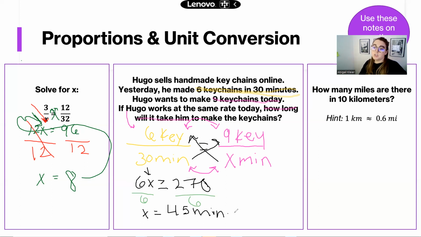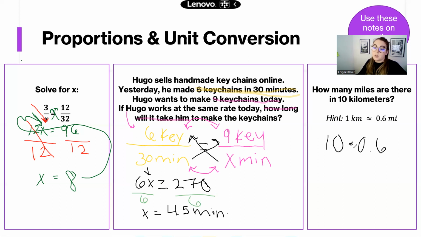Last one is unit conversion. Again, this is for 6, 7, and 8 on your test. Now, this is asking you how many miles are there in 10 kilometers. Solving unit conversion is awesome because you can set up a proportion. That's one way you can do that. Or you can just multiply.